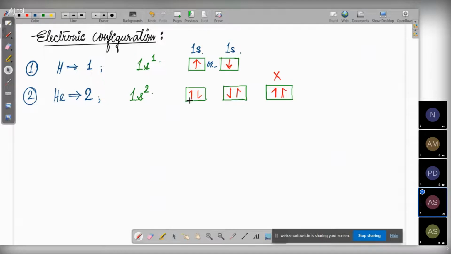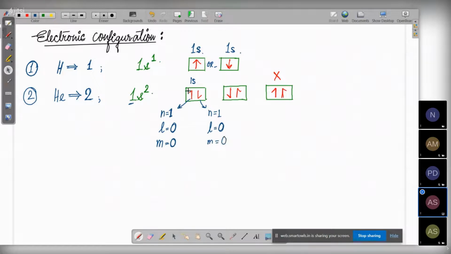Because see, for this electron, the value of n is 1. The principal quantum number is 1 over here. The value of l is equal to 0. That means the value of m is also equal to 0. For this electron, n is equal to 1 because this is also present in the 1s subshell only, 1s orbital only. l is equal to 0. m is also equal to 0.